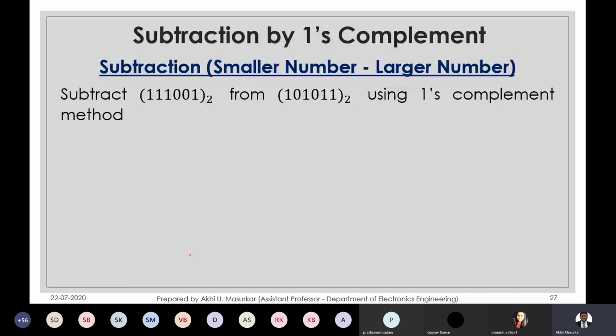So this is what we are actually going to do. This seems to be smaller, and this is larger. So what we are expecting is minus 14.